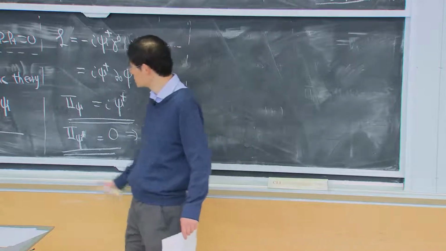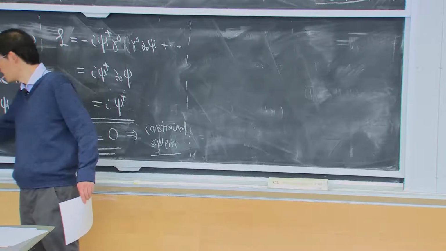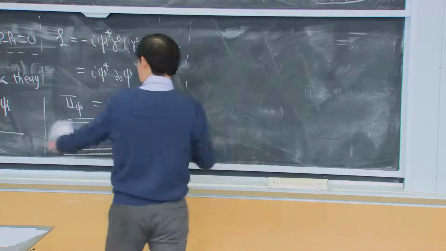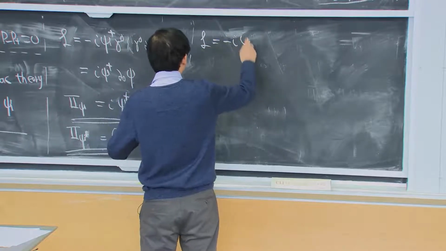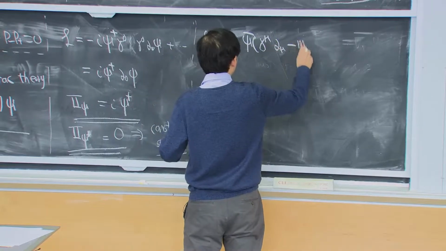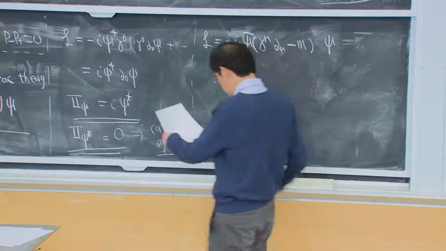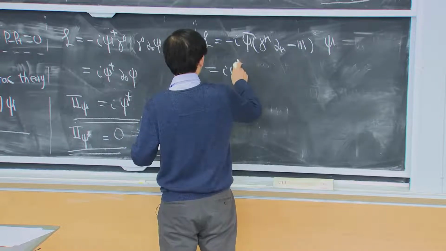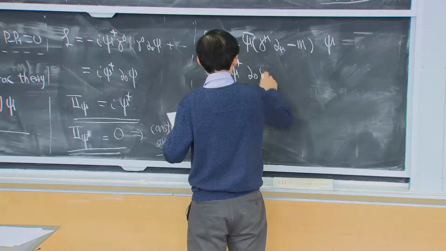Now in this equation, we can just try to interpret psi dagger as the momentum rather than as a configuration variable. So now let's rewrite the Lagrangian. The Lagrangian has the following form: minus i psi bar gamma mu partial mu minus m psi. This is the Lagrangian density. Let's first separate the time derivative, so this is psi dagger, just the term involving the time derivative.